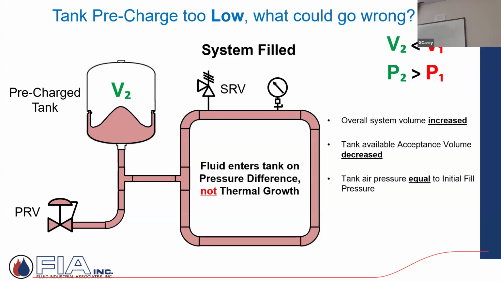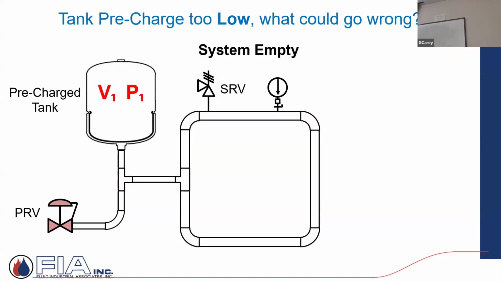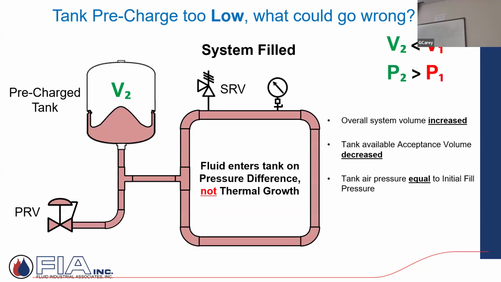Now I fill the system, but because this pre-charge was less than the fill pressure, water starts to enter into it, because I'm greater pressure than the pressure on the pre-charge side. So I'm going to start to displace and take up some room here of water. And I haven't turned the boilers on yet. This is cold water. So fluid enters the tank on pressure difference, not thermal growth.